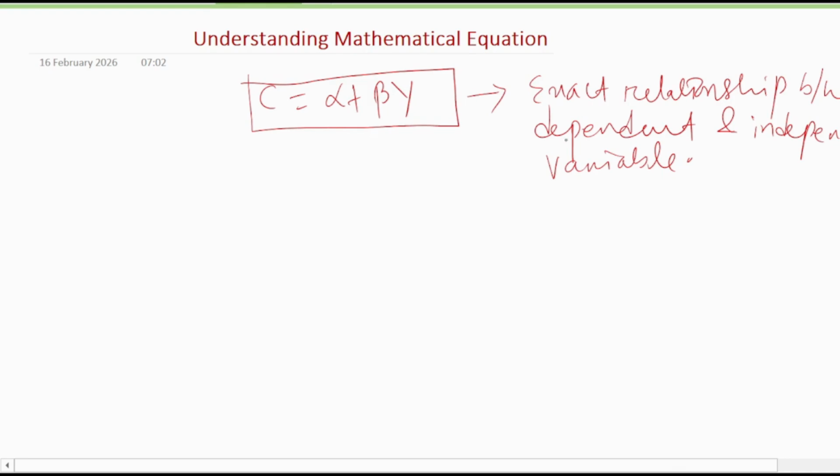Okay, so the mathematical equation basically explains the exact relationship between the dependent and independent variable.